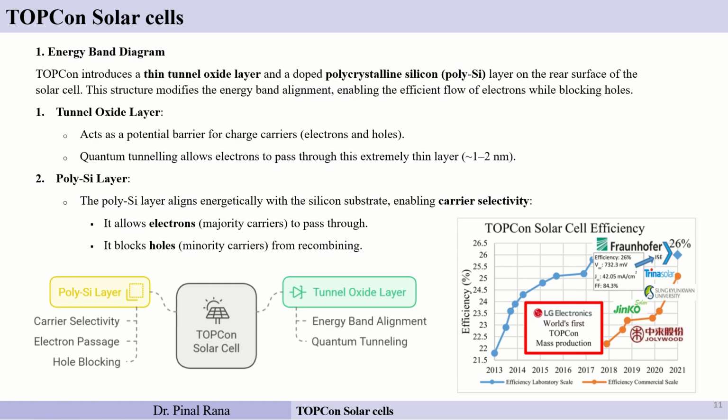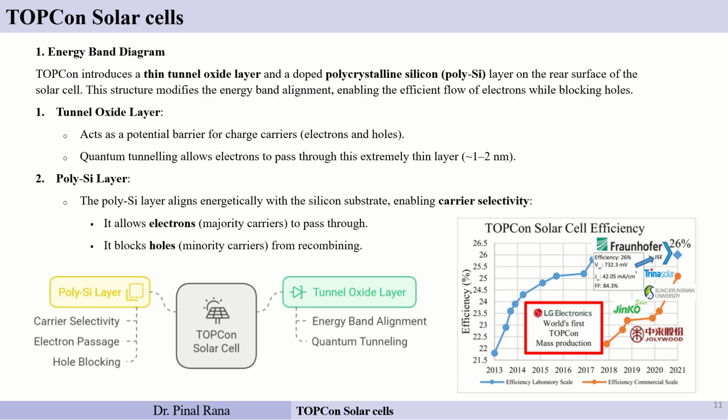Here I have explained the different types of layers used in TOPCon along with their advantages. In TOPCon we use a 1 to 2 nanometer thick tunneling oxide, which acts as a potential barrier for the charge carriers, both electrons and holes, and allows quantum tunneling of electrons to pass through this extremely thin layer, whereas the polysilicon layer aligns energetically with the silicon substrate, enabling carrier selectivity.